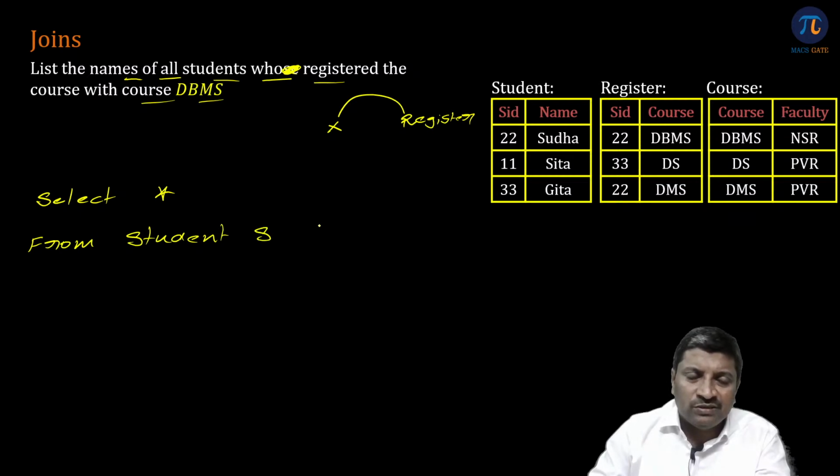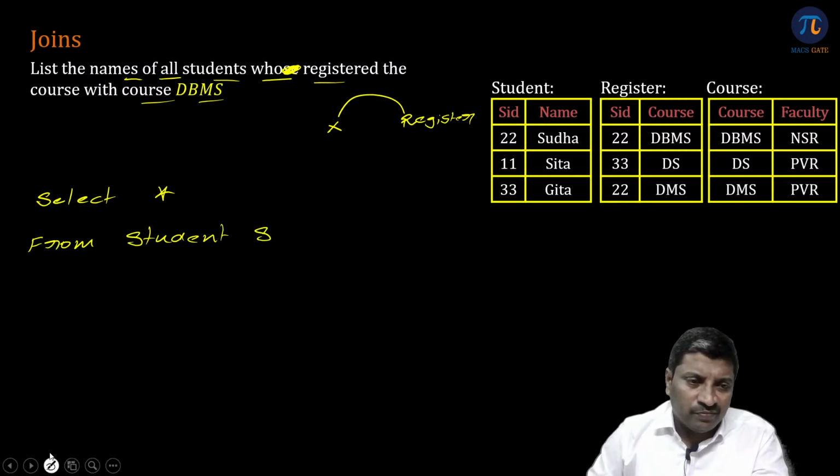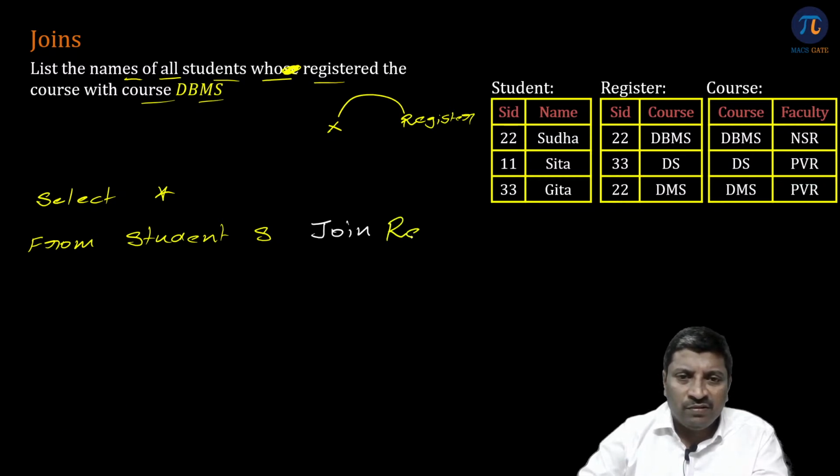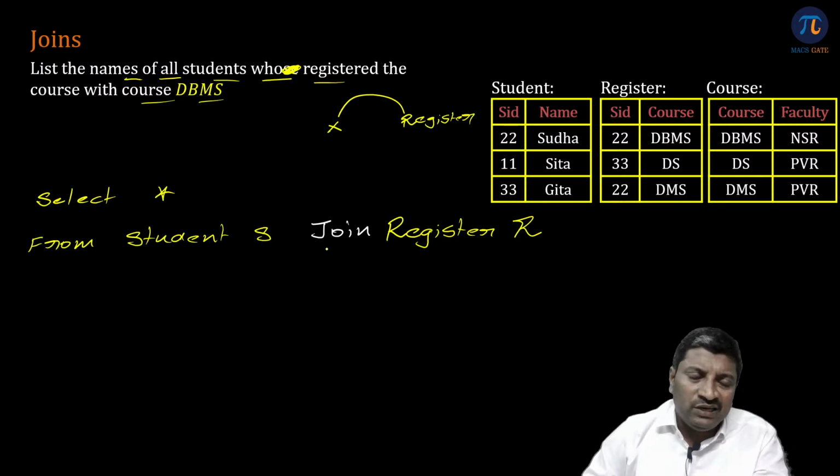student S join register R. Join itself specifies SIDs are the same, that we already wrote, sir, where we have one more condition.